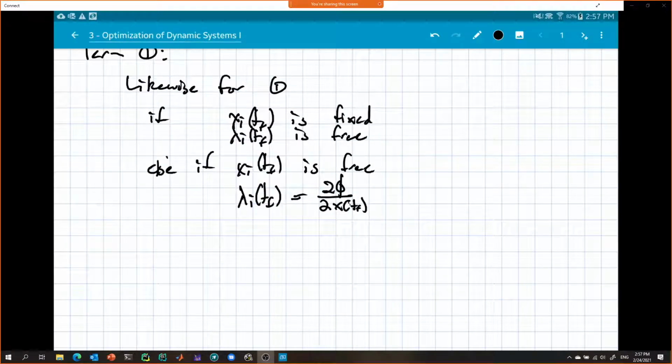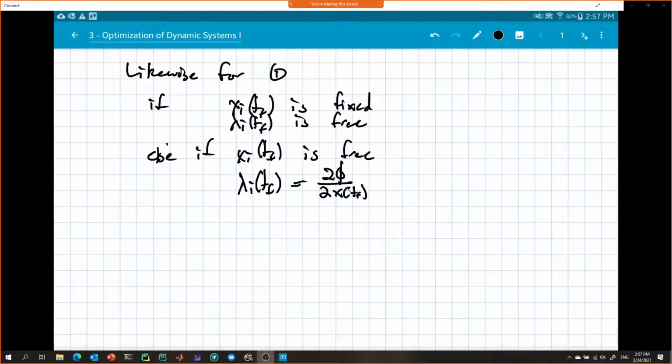Okay, so same dynamics as before, you get a constraint regardless. If the constraint is on the states, you get it there. If the constraint is not on the states, you get it with the Lagrange multiplier. And then we need to know what these multipliers do during the integral, so during the dynamics.